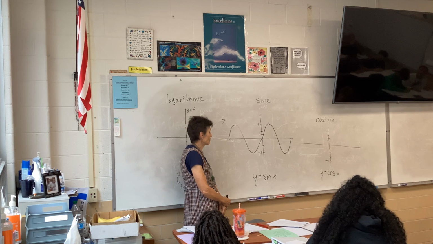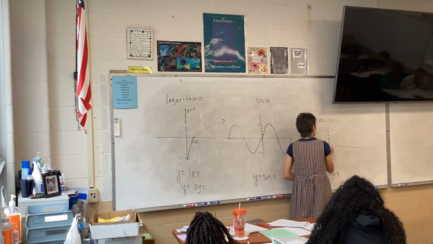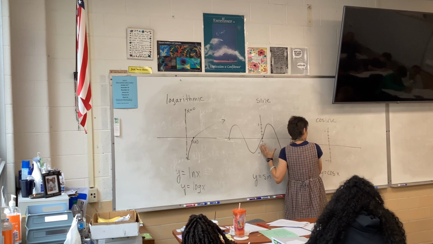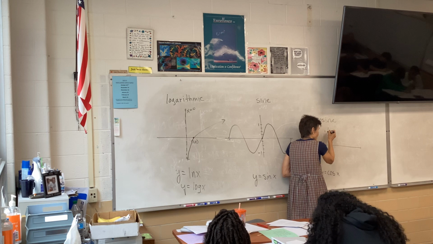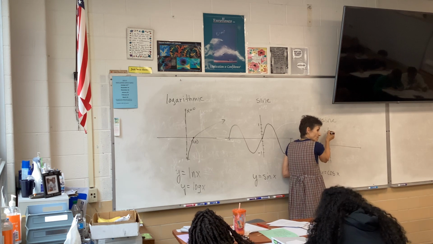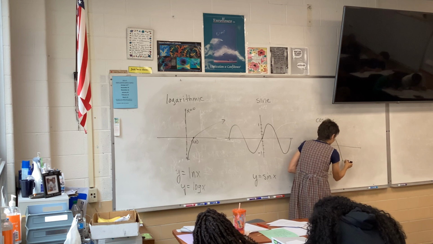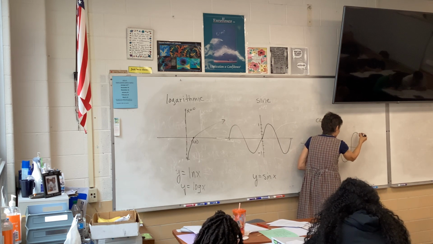Freshman. Okay, now the cosine curve looks just like the sine curve, except your dot to start goes up here. See where I am? And then I'm going to come down all the way to -1 and back up again.